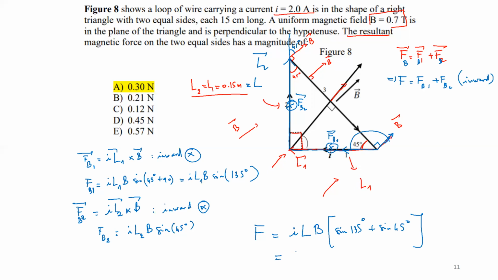So let me put the numbers. I is 2 amps, L is 0.15 meters, B is 0.7 Tesla, and then you put your sine 135 degrees, you calculate it, plus sine 45 degrees. And of course, this gives you 0.3 Newton. Okay, this is it.